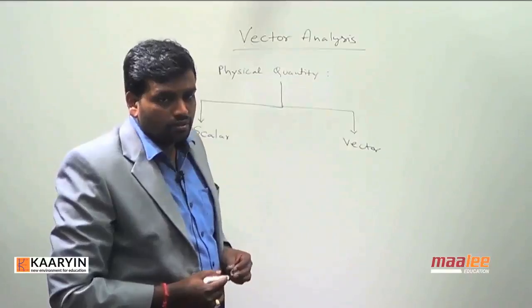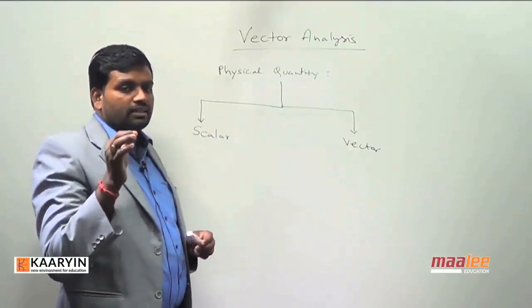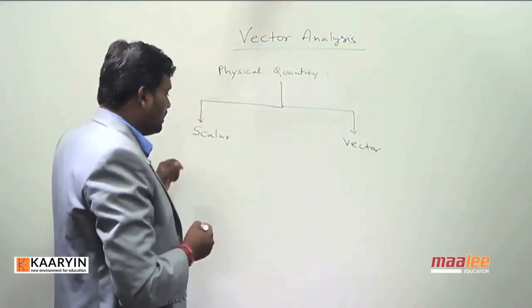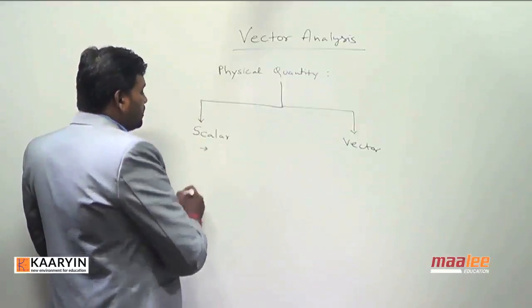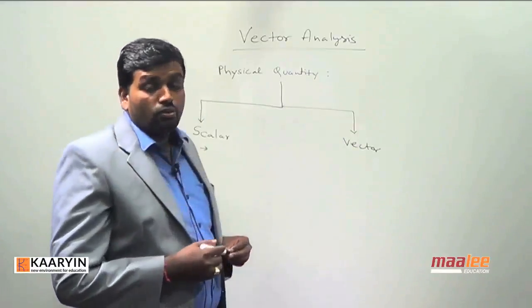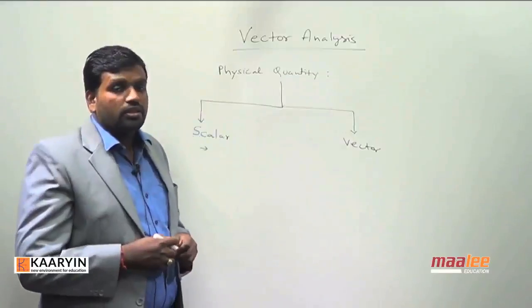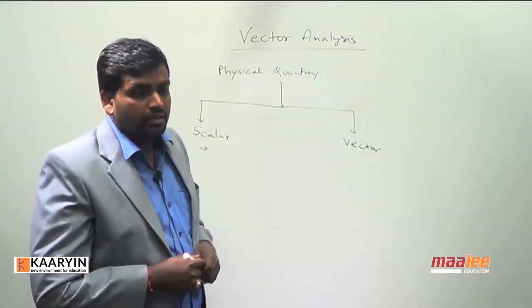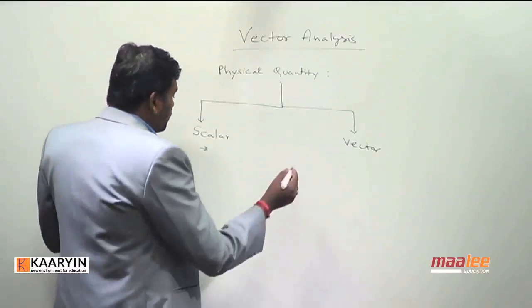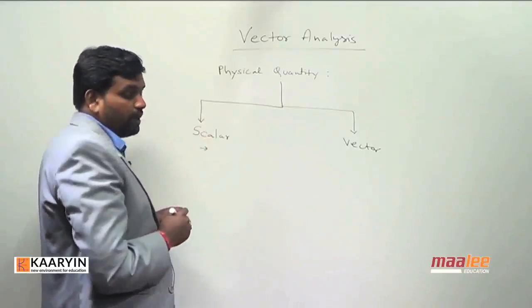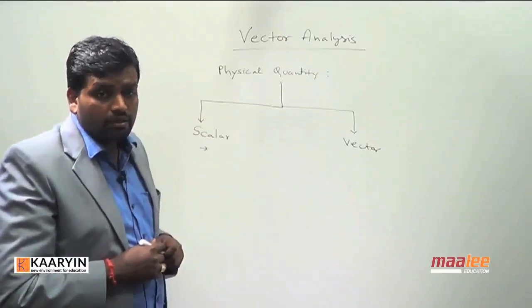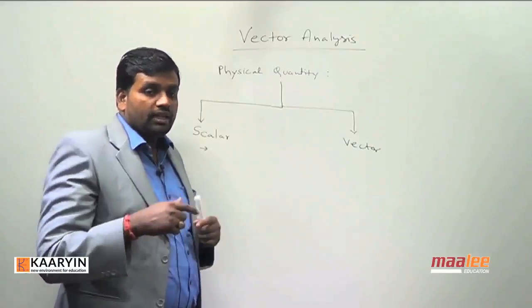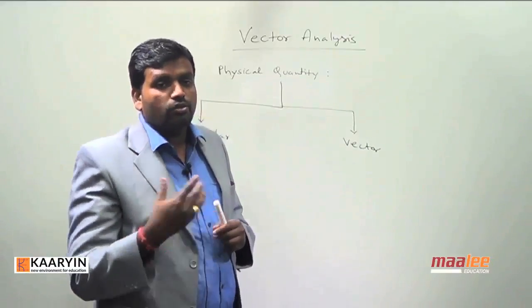So, first we should know what is meant by scalar and vector. Scalar means physical quantities which only have magnitude. Example, first you should know what is meant by magnitude. Magnitude means numerical number. Suppose I say today I walked for 3 kilometers. So, what is the magnitude?